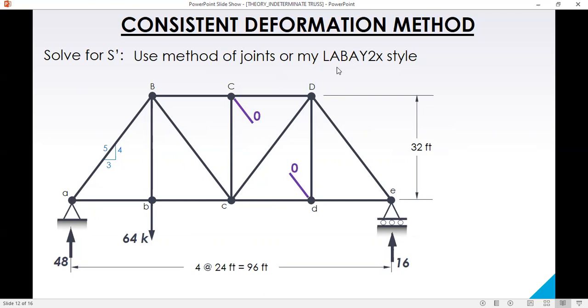So, using my labay-labay style, it's a practical way of analyzing a truss. But the basis is that the total horizontal force must be 0, or summation of force in x equal to 0 to be satisfied. And also, the total vertical force must also be equal to 0.